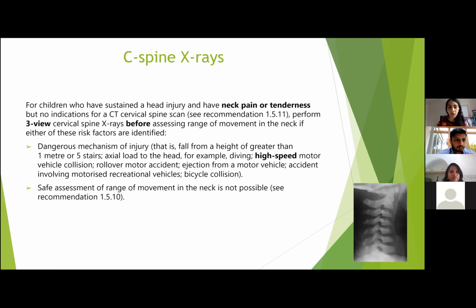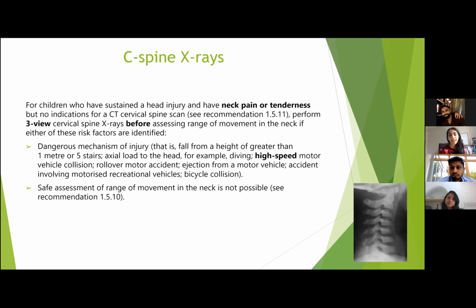Okay, so I think I've already spoken about this apart from the dangerous mechanism. Just to remind everyone what a dangerous mechanism is. An axial load to the head, that is a dangerous mechanism. There was one over the weekend that had that dangerous mechanism that actually ended up needing an MRI, but they'd had their initial imaging first. Again, a fall that's greater than a height of 1 meter or 5 stairs, that's a dangerous mechanism as well.